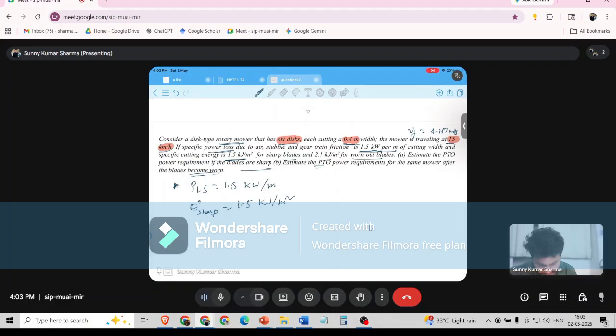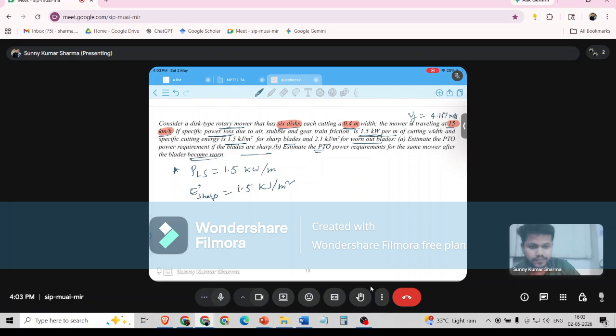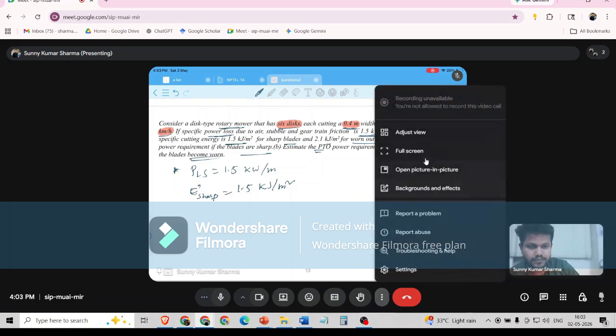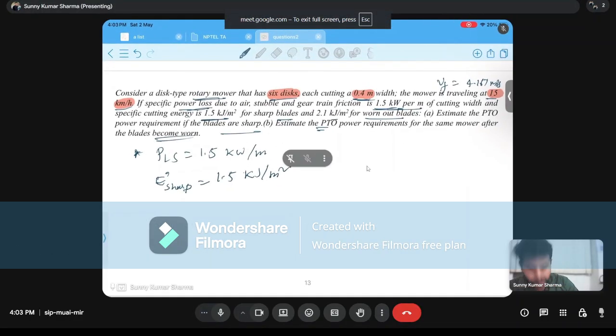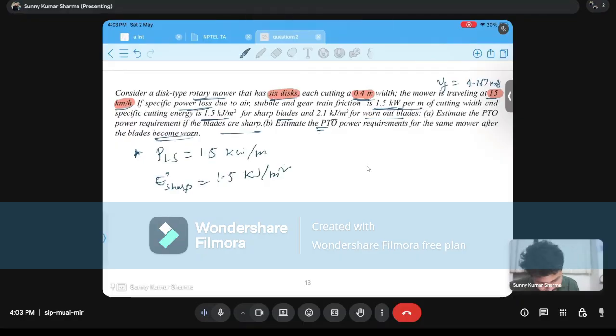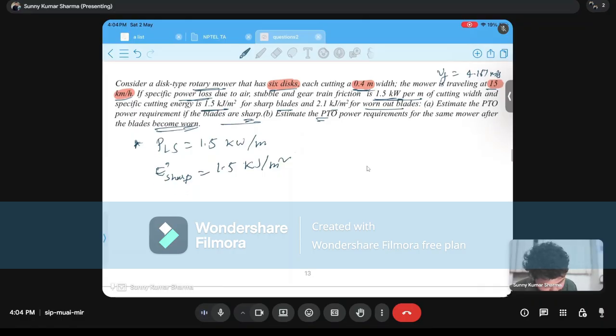So we were discussing what is the PTO power requirement for sharp blade and blunt or worn blade. So we have this specific power loss in kilowatt per meter given, and we have this specific cutting energy given in kilojoule per meter square.